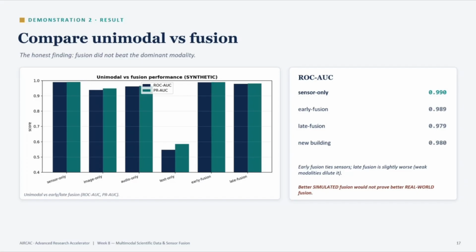This is exactly why missing modality tests are useful. In a multimodal system, we should know which input can disappear safely and which input is critical. This is very important to understand. Better simulation fusion would not prove better real-world fusion. This is also important information.